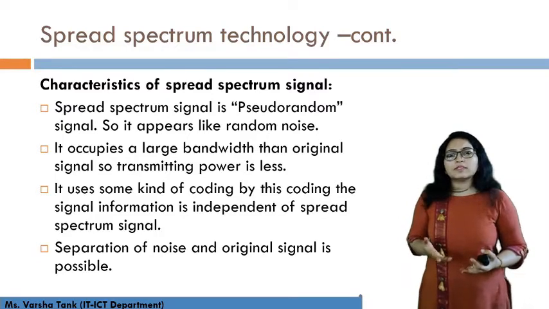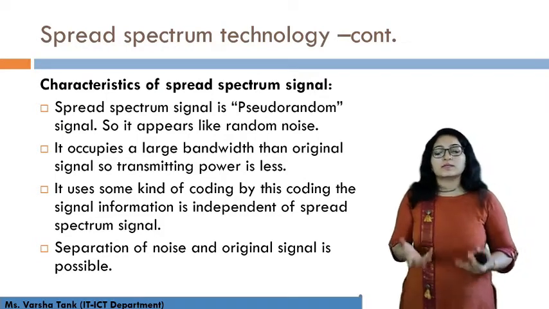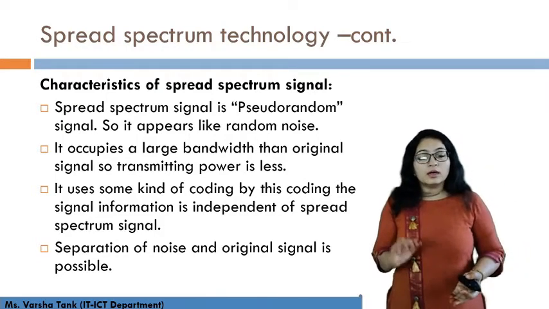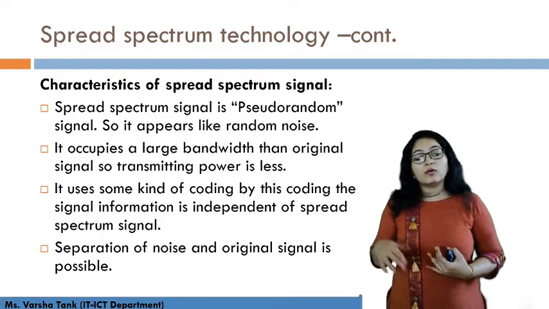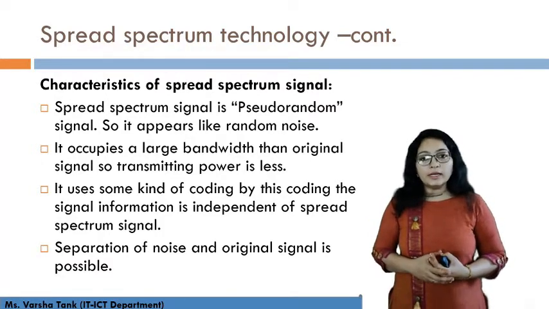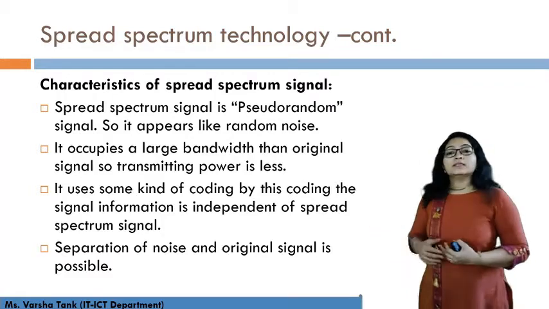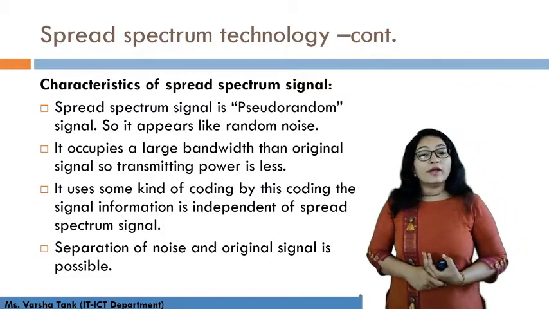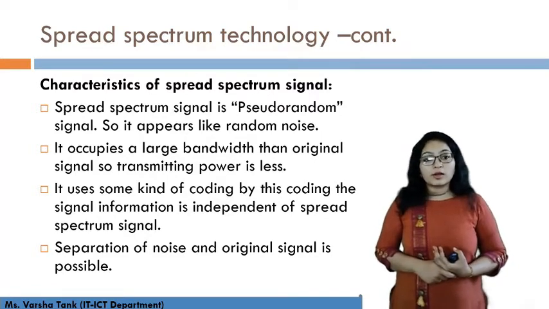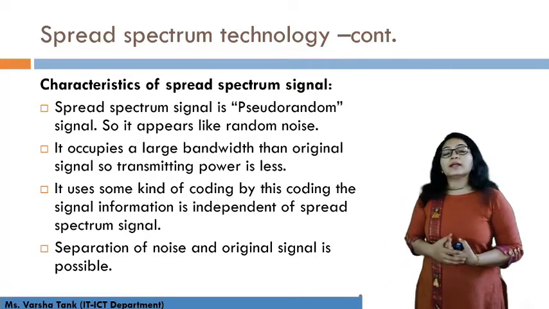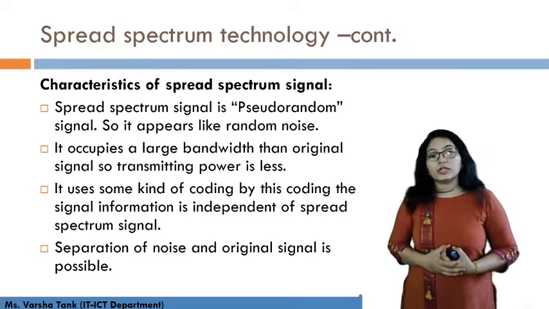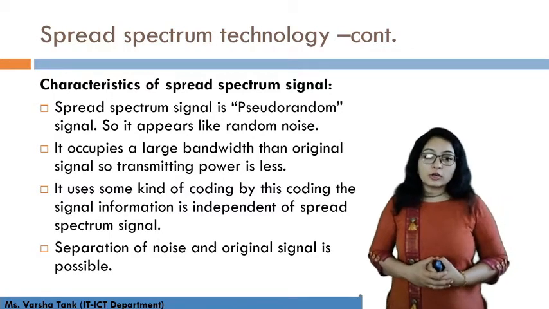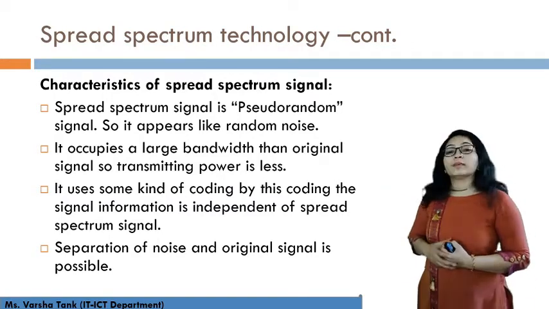That means you can encode the signals in a specific format. We will see CDMA encoding and decoding in this unit. Then, separation of noise and the original signal is possible. When you use spread spectrum technology, you can separate the noise signal as well as the original signal. That is also one of the advantages.